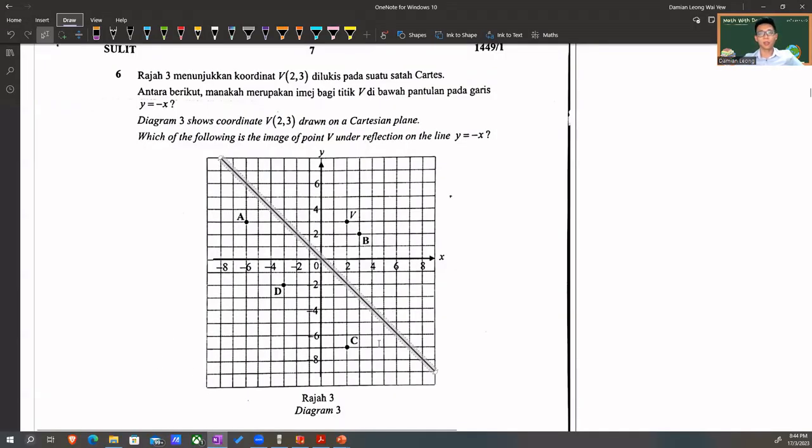Y equals negative x is this one. So we reflect V over the line, which means the same distance on the opposite side of the line. So it's this way, 2.5 blocks, so half and 2 on the other side. So it goes to D here. So the answer is D.